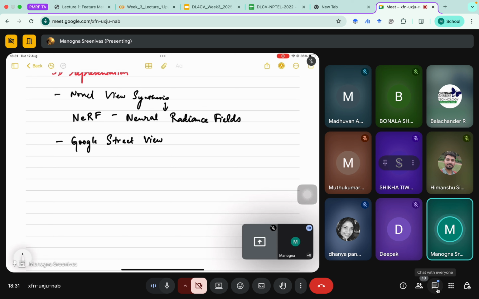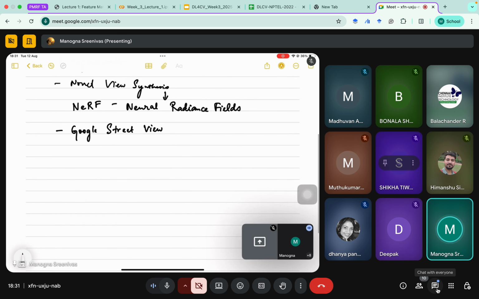Basically, when we are walking through a lane, we can see a 3D visualization, or in the map, at a certain location, we can view how it looks in 3D, right? But then how are those 3D scenes actually synthesized? It's not possible that a person is moving a camera throughout from left to right and showing you what exists there, right? Practically, I mean, if you have to visualize the whole world.